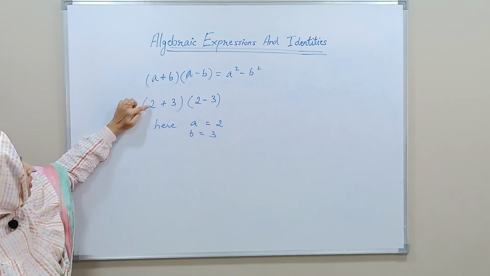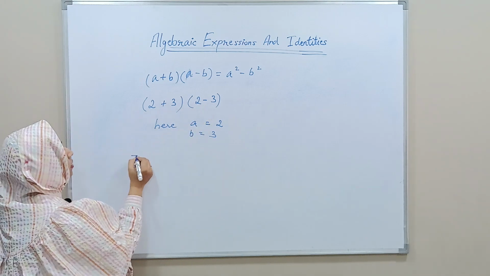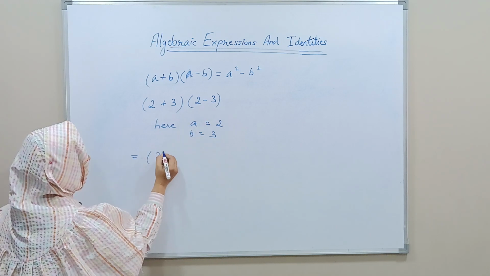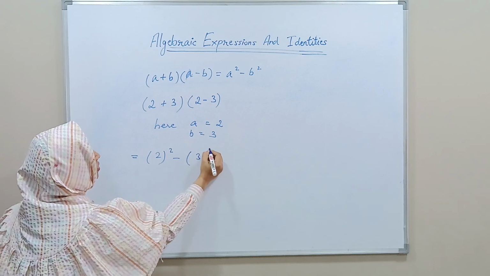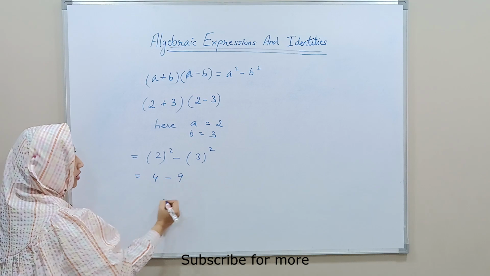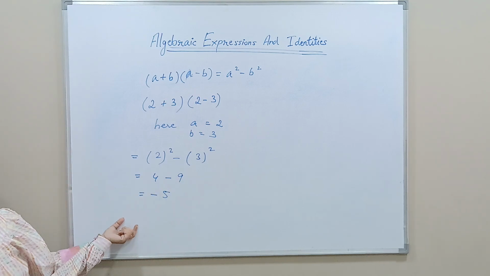This matches (a plus b)(a minus b). So we can say that this is equal to a square minus b square. So a is 2 square minus b is 3 square. So this becomes 4 and 3 square is 9. So 4 minus 9 is minus 5. So your answer is minus 5.